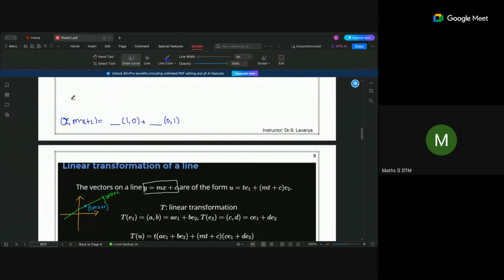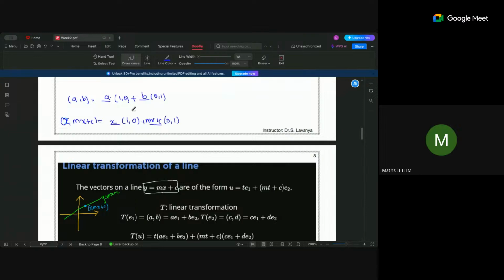Let us say you have a comma b. What are the coefficients of (1,0) and (0,1) when you write them as a linear combination? A and B. Same way, x and mx plus c. As simple as that.